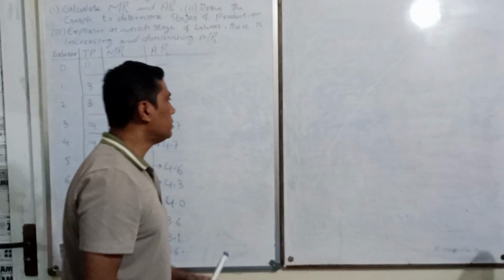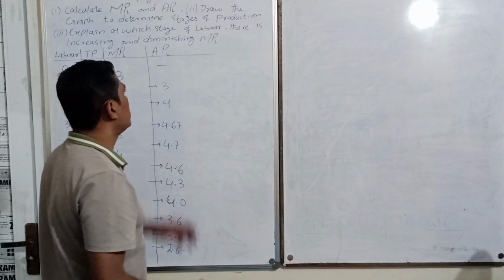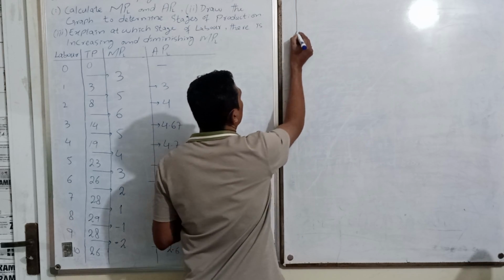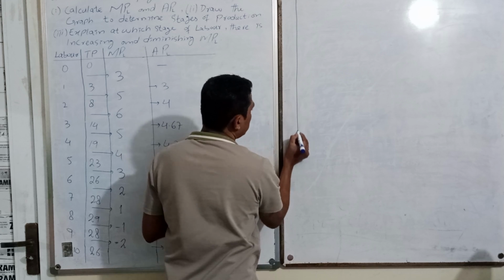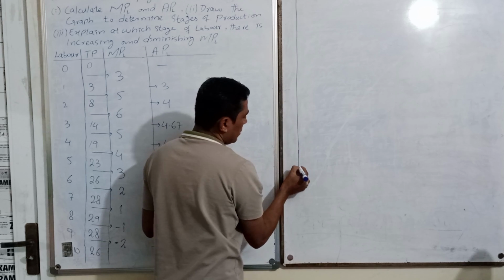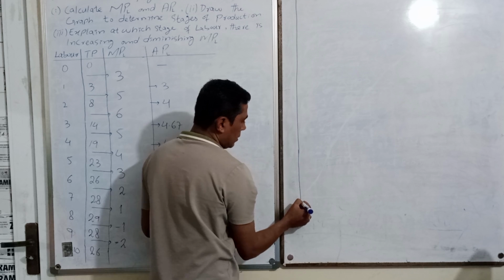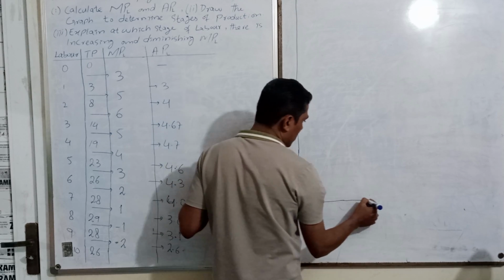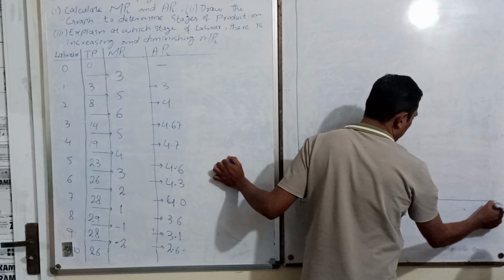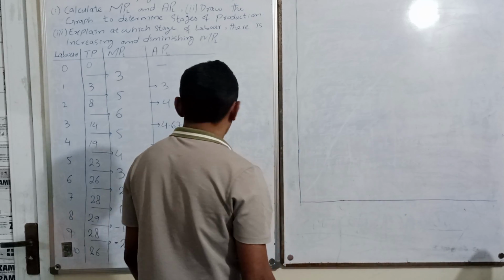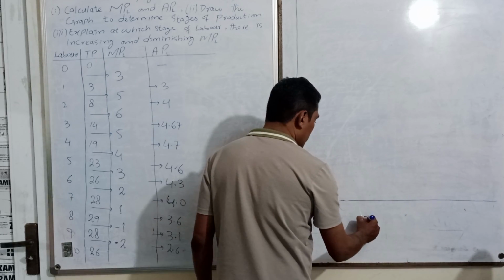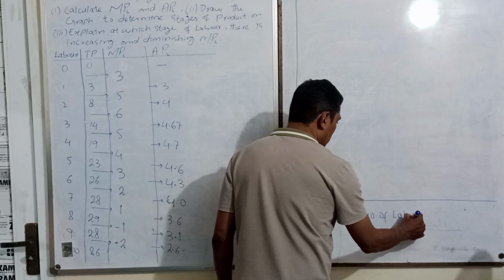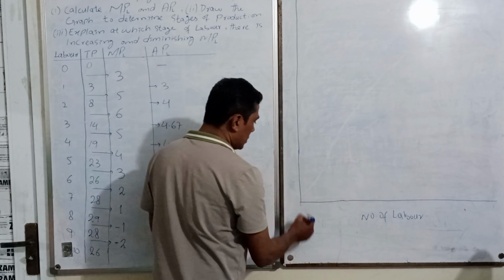Now we are plotting these values on the same graph. So take this one again. Again, number of labor on the x-axis.